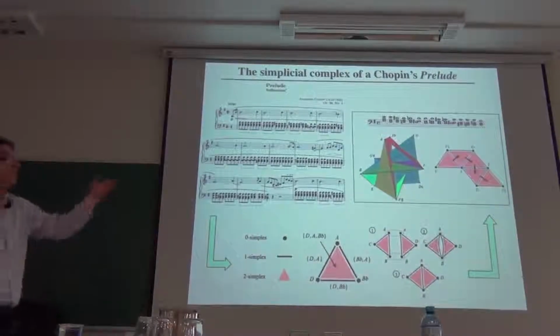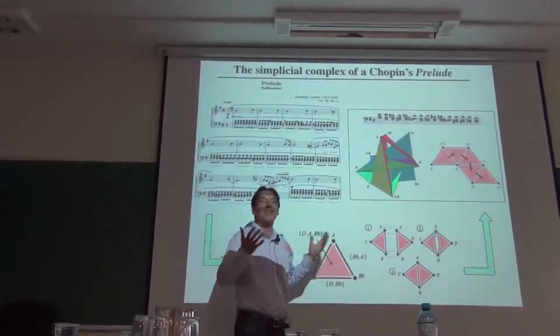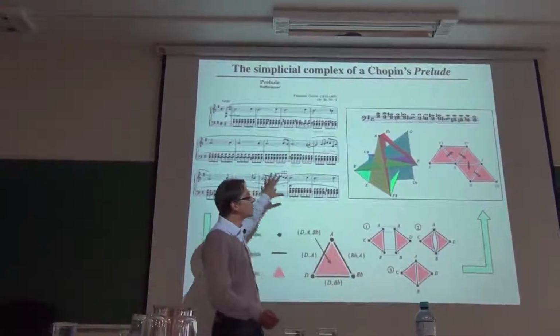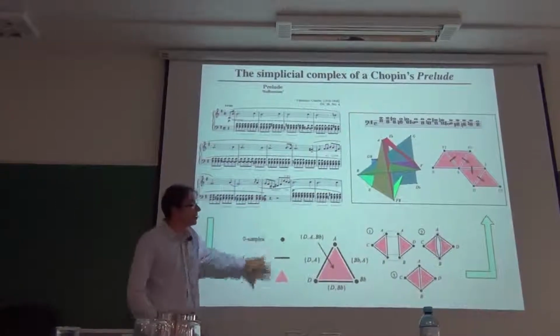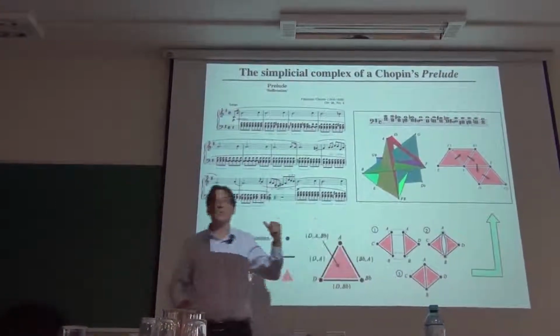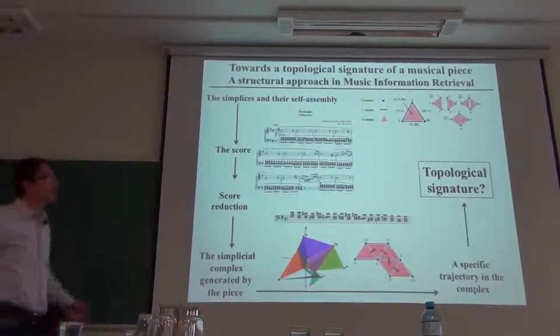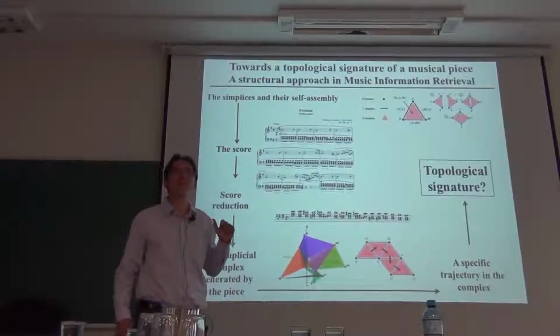Okay, but it was interesting to keep this as a general approach: we have a piece of music, we have the spatial computing tool, and we have the space which is generated by the music. And why this? Because maybe at the end we can have a topological signature of a given piece. This is a dream.